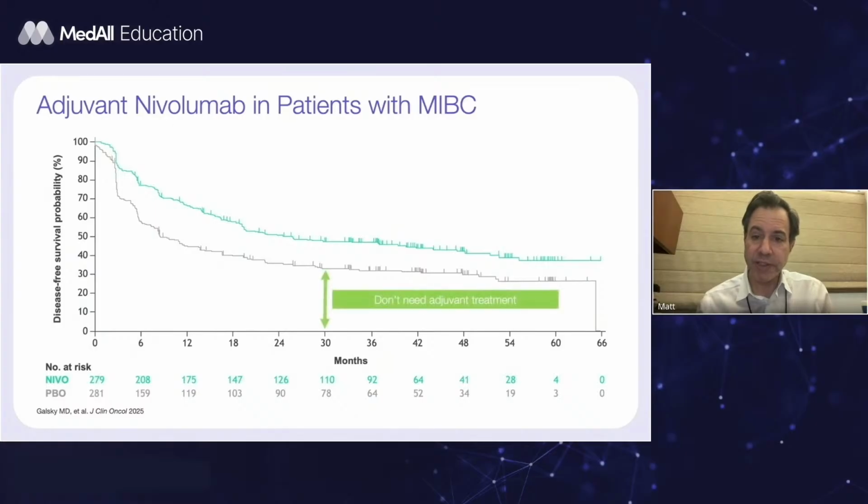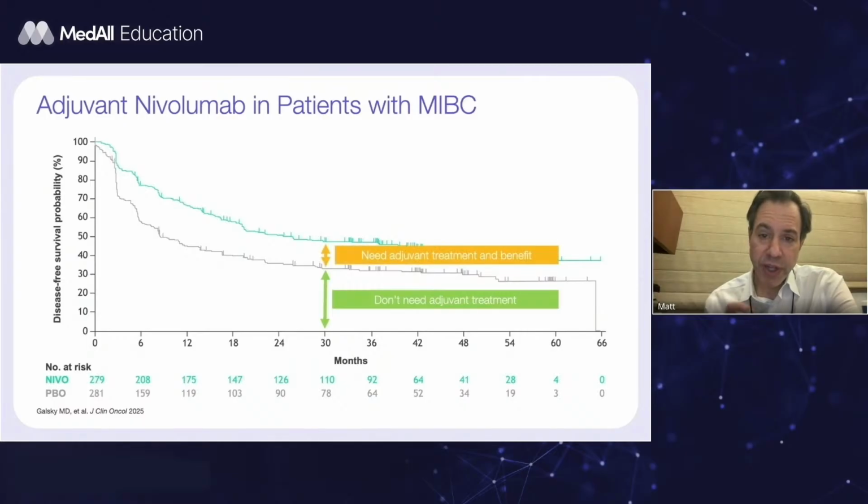One thing that you see is that a fair amount of patients on the placebo arm do really quite well and are likely already cured with the surgery that they received, plus or minus neoadjuvant chemotherapy. So arguably, these patients do not need further treatment.